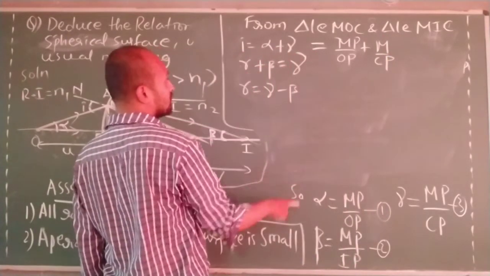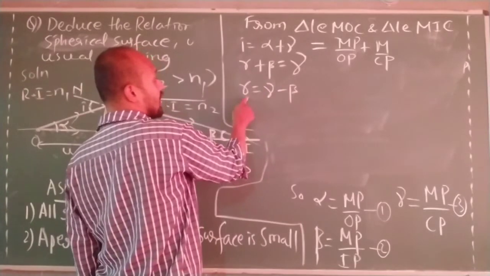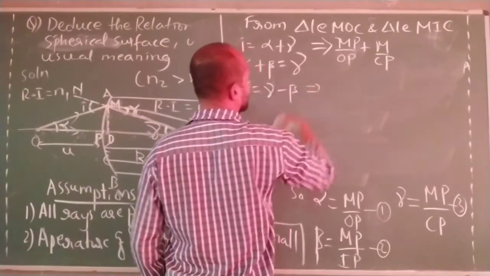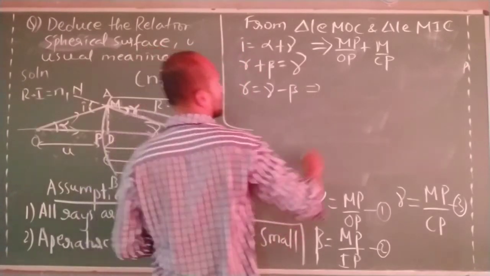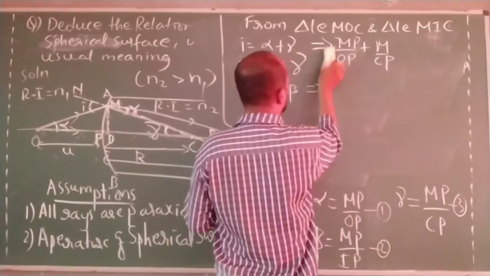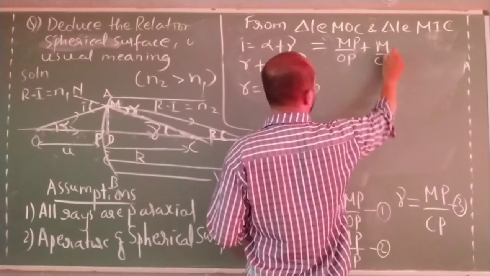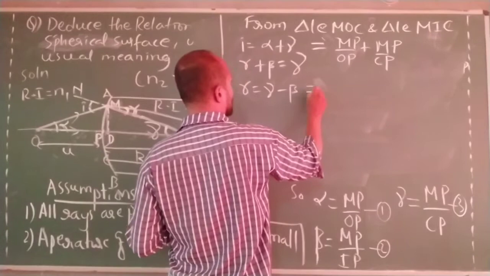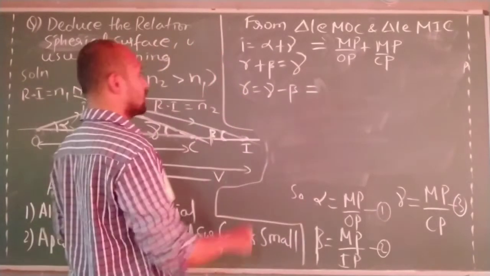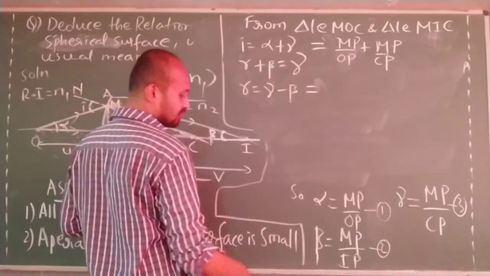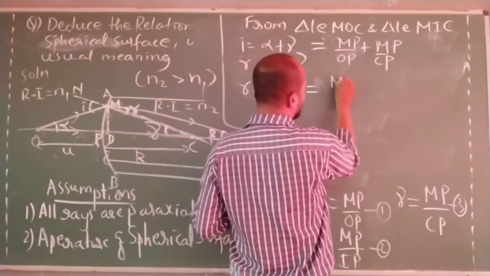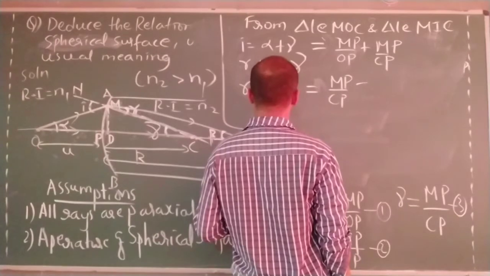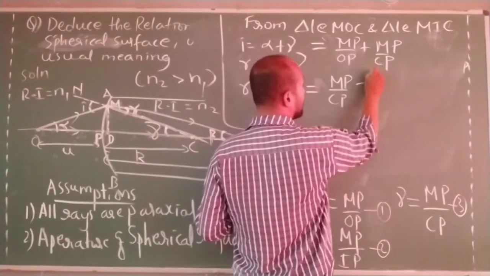From equation 1 and 3, R is equal to gamma minus beta. What is gamma? MP by CP, minus beta, MP by IP.